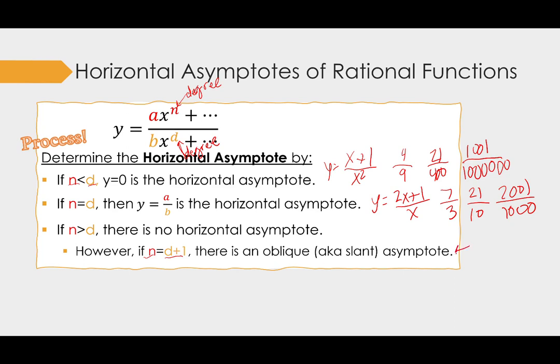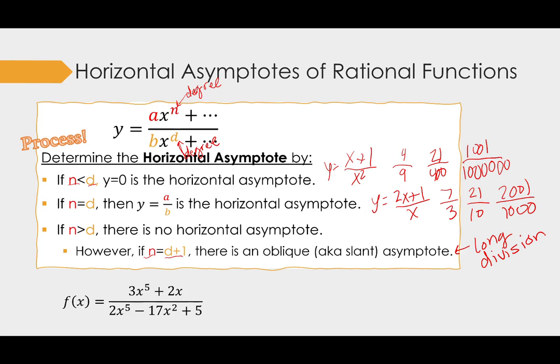You find that by using long division. Whatever the line is that comes out, that's your slanted asymptote. Most Math 110 College Algebra classes don't teach that, but if you ever want to find it, that's how you do it.